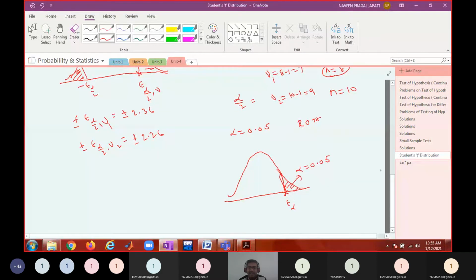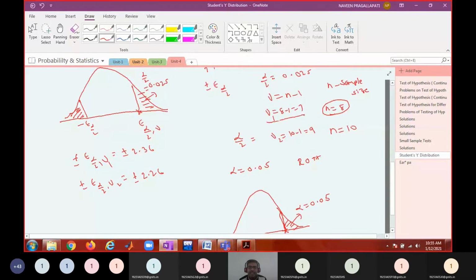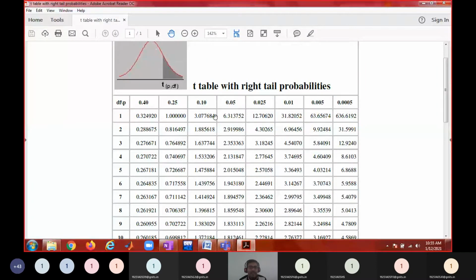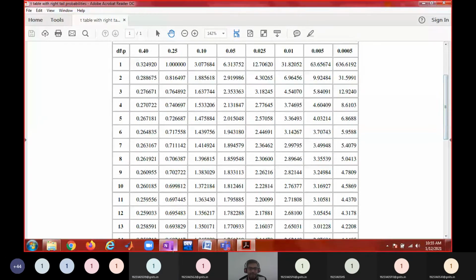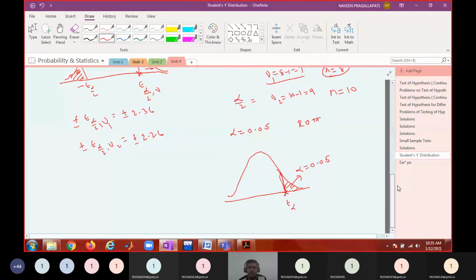For nu1, for 7 degrees of freedom, you have to look for 0.05, not 0.025, because I am applying only a right one-tail test. For 7 degrees of freedom it is 1.89, and for 9 degrees of freedom it is 1.83. So T alpha comma nu1 is equal to 1.89, and T alpha comma nu2 is equal to 1.83.